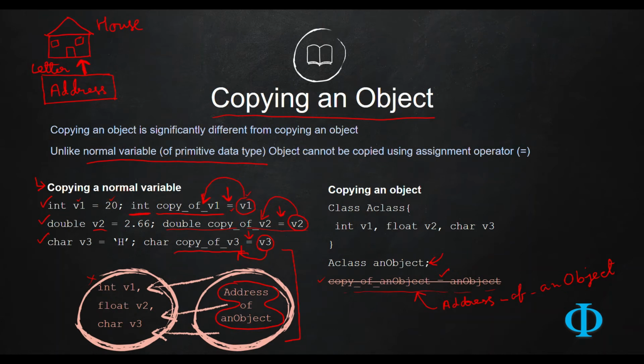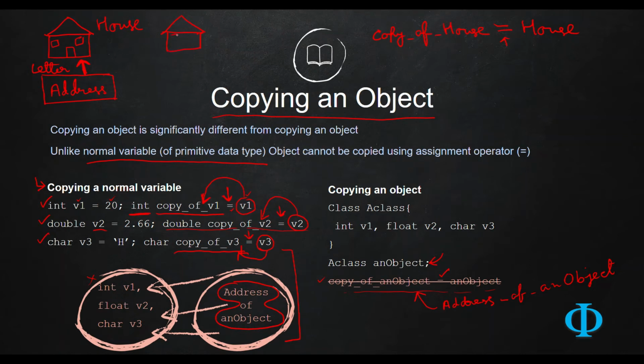Now if you write something like copy of house equals house, using this assignment operator or equals symbol, it does not really make a separate replica of the house.